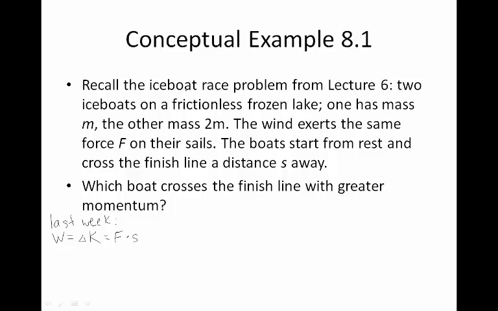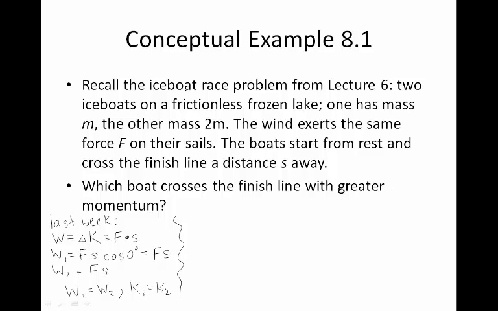In this case, they both had the same force applied to their sails, they traveled the same distance, and those vectors were pointing in the same direction, so you've got cosine of 0 degrees from the dot product, cosine of 0 is 1, so that just gives you force times the distance traveled. Boat 2 had the same force applied to it, and it traveled the same distance. So we found last week that the work of each boat was the same, which means, from the work energy theorem, the kinetic energies of each boat were the same.